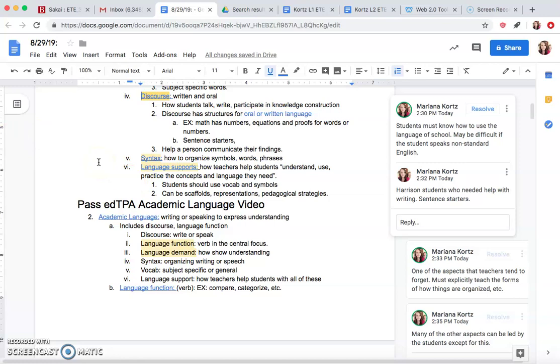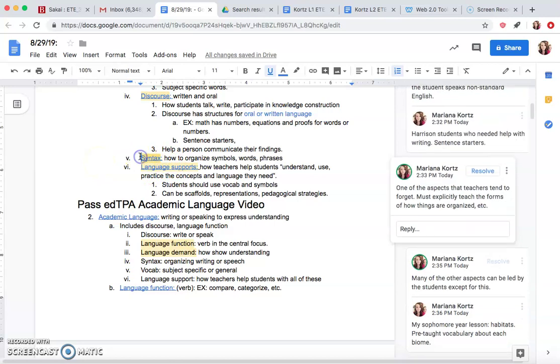The other fact that I will highlight in this area is syntax, and that is how something is organized. This part of academic language is often extremely hard to teach because if someone is comfortable with an area, they may not know what it's like to be confused. For instance, I am not as comfortable in math, and oftentimes people who are very competent in math know how to create formulas from statements.